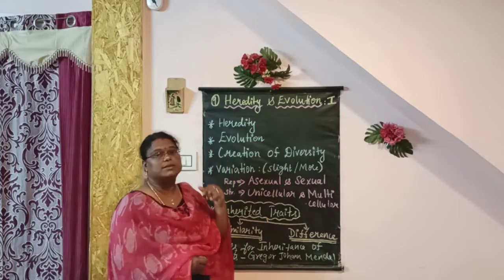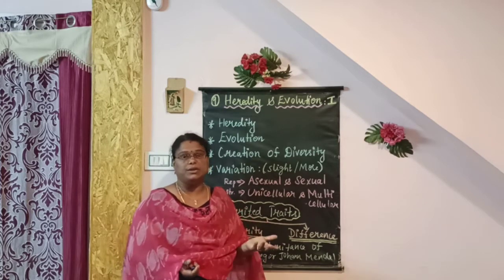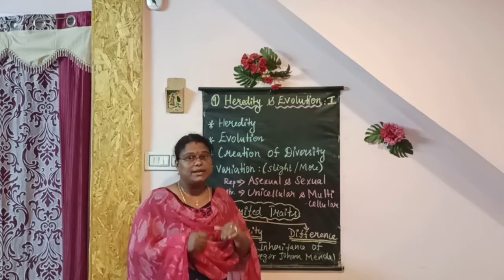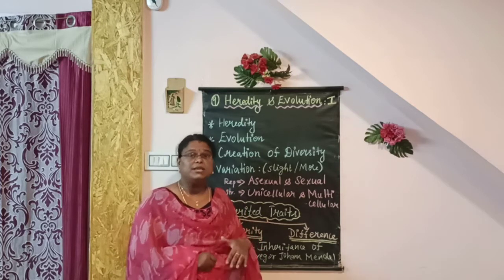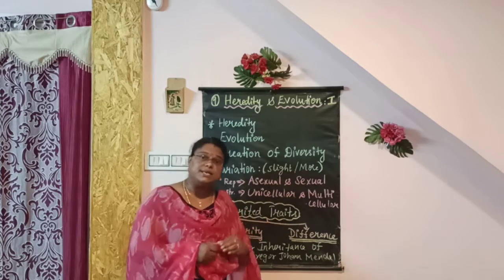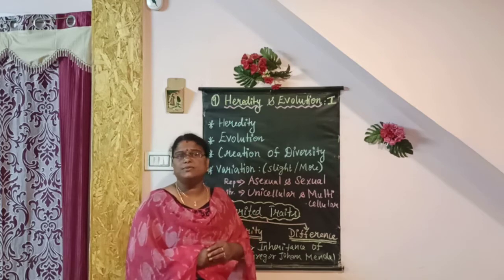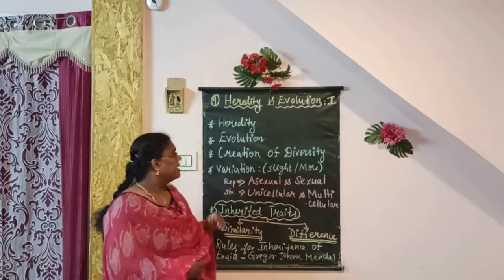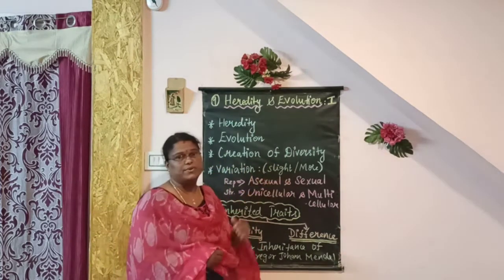So evolution is a process of creation of variation by the combination of two different DNAs, that is by sexual reproduction, and variation also takes place through asexual reproduction, but the changes will be very slight changes.